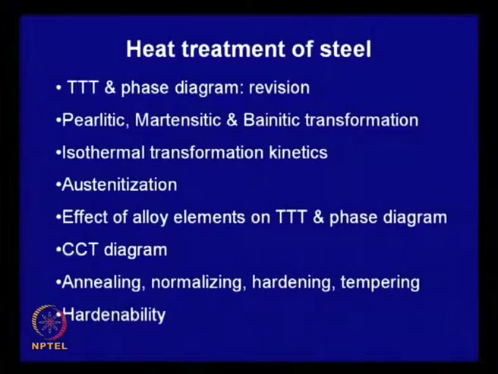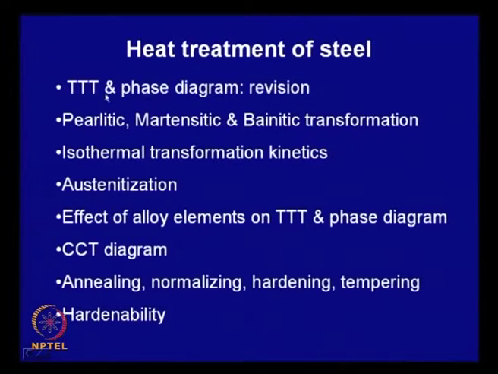We will now see how, by giving heat treatment, the structure can be modified. In the next maybe 6 to 8 classes, we will revise something which has already been covered, just so that you are able to follow this lecture.